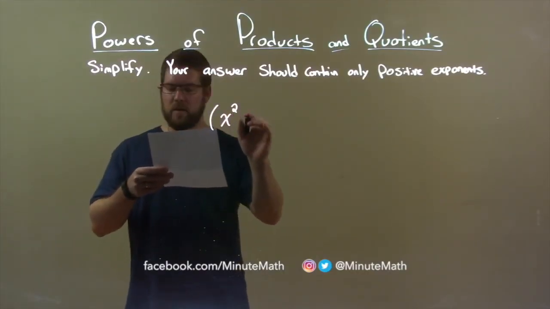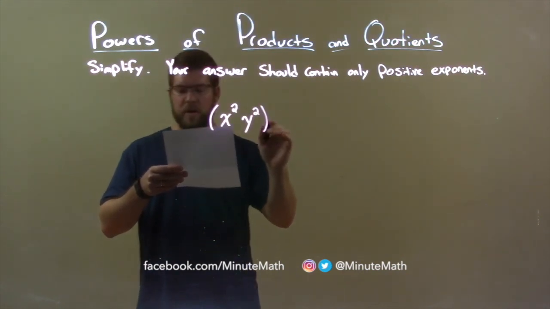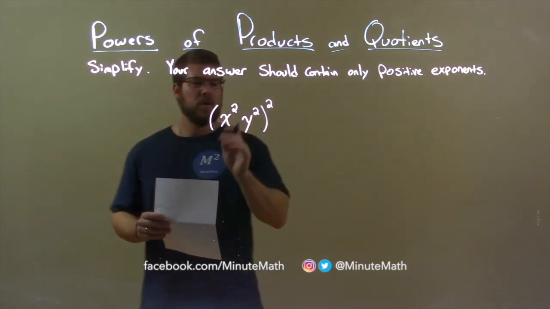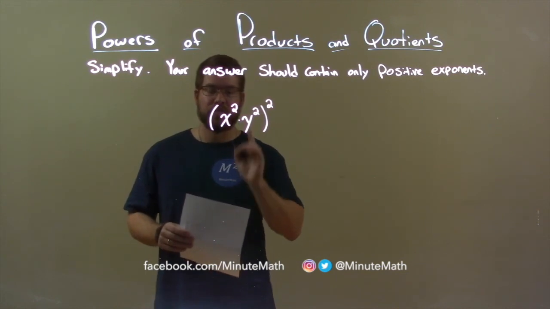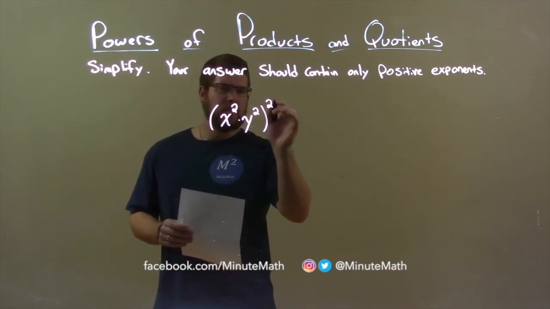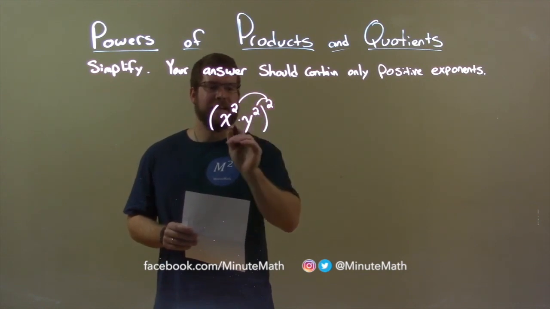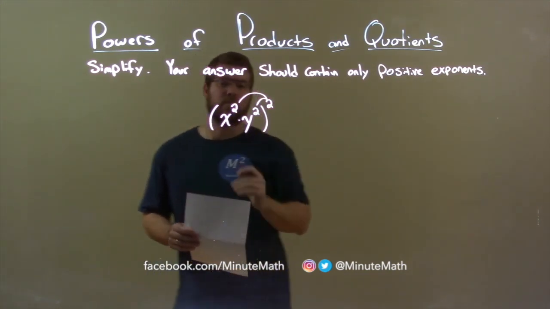X squared, y squared, all raised to the 2nd power. We know the x squared and y squared are separated by multiplication. To distribute this exponent, we multiply that to the exponents within each term inside of the parenthesis, or each part of the parenthesis.